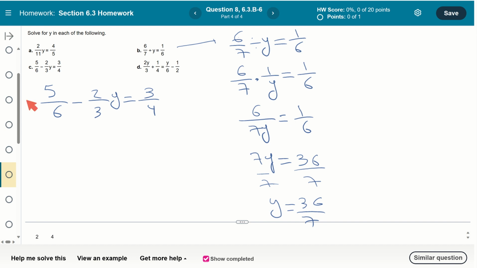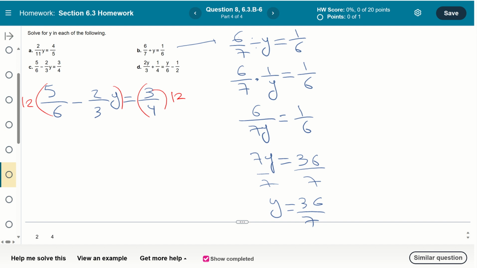We're going to multiply 12 by the left side, and we're going to multiply 12 on the right side. Of course, you know we can do that because we're just multiplying both sides by the same constant, which is perfectly legal, the multiplication property of equality.